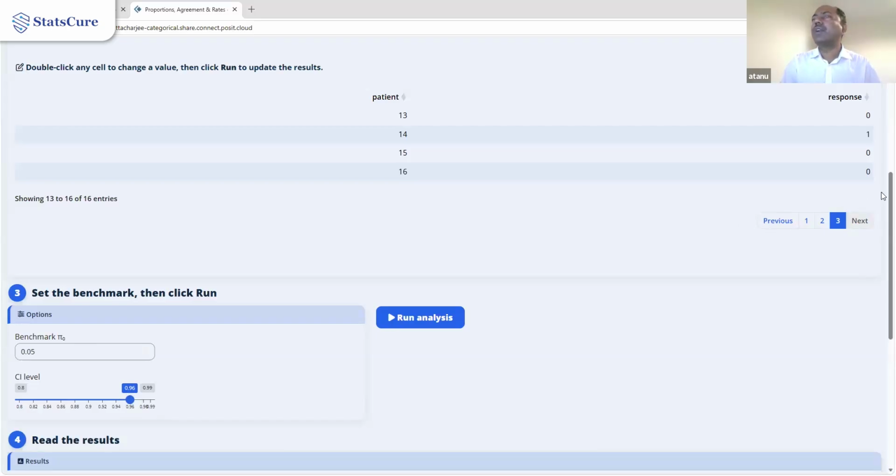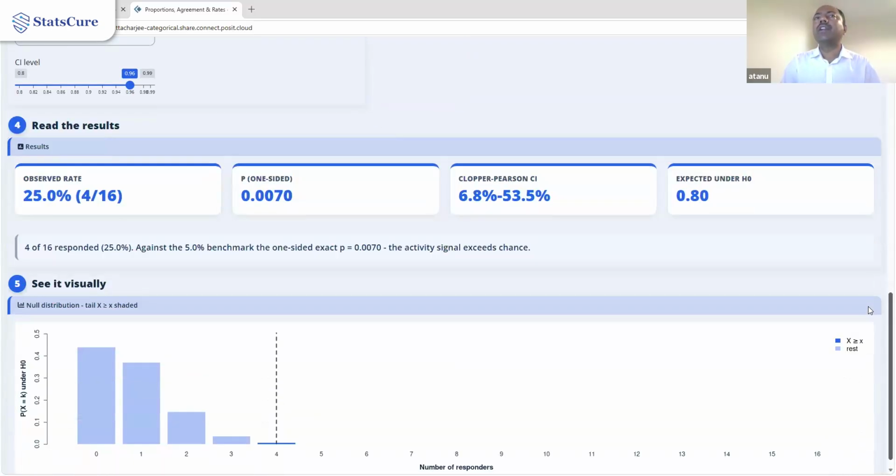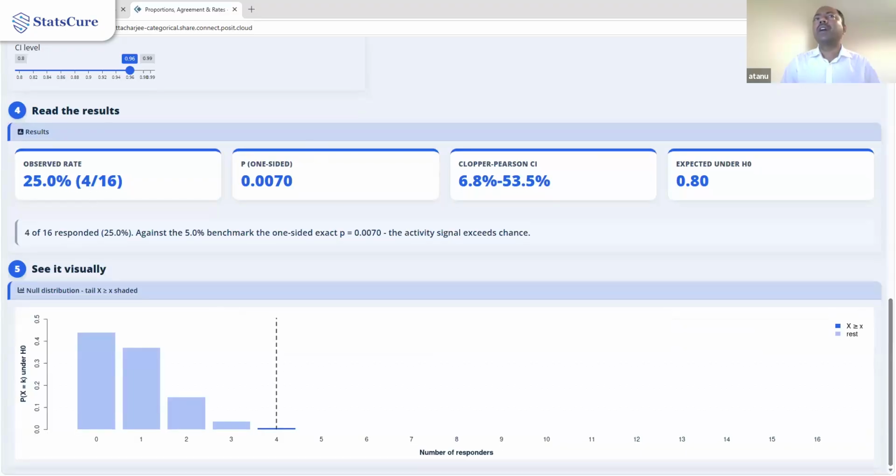Now, when you click on run analysis, it shows that the observed rate is 25%, that is 4 responders out of 16 people. The one-sided p-value comes to 0.07, with a Pearson percentage range from 6.8 to 53.85%.